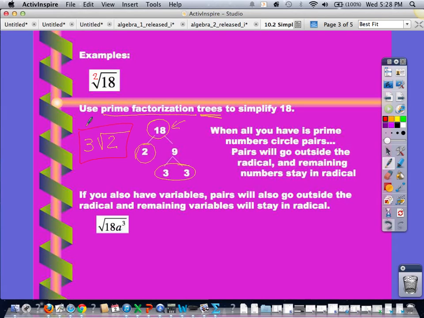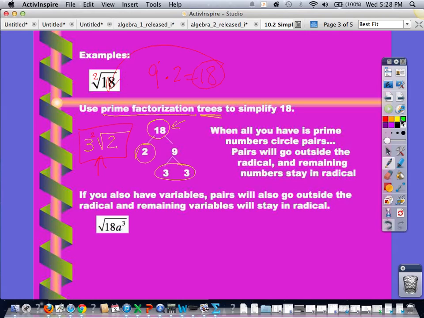So the square root of 18 becomes 3 square root of 2. Now you can check that because if you take whatever you put outside and square it, that's going to be 9. 9 times 2 is 18, and that's what we started with, okay? So you can check your answers.